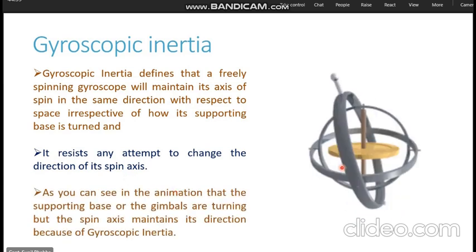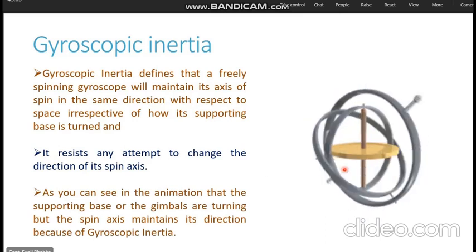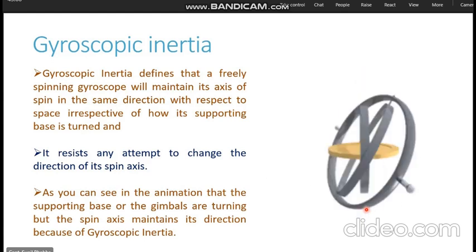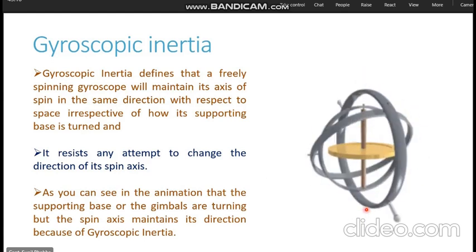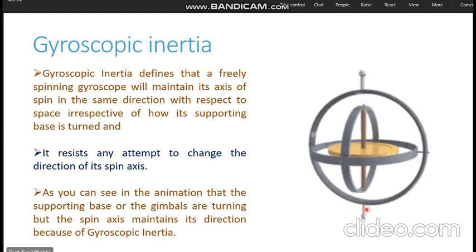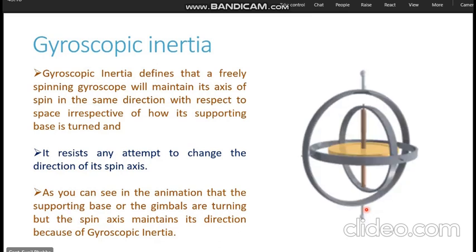As you can see in this animation, the base or the outer member, which has these two handles attached to it, as well as the gimbals are turning, but the spin axis maintains its direction. This happens because of gyroscopic inertia.